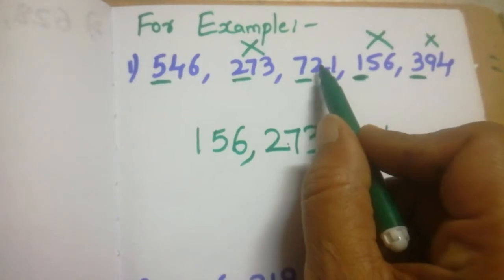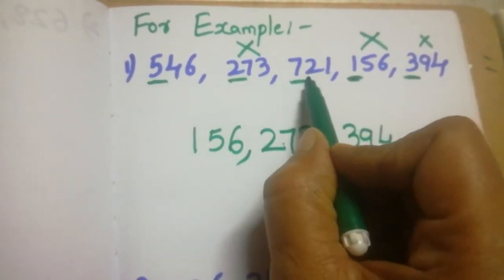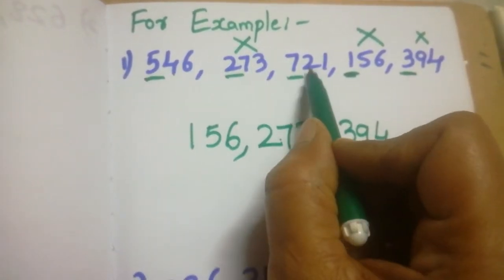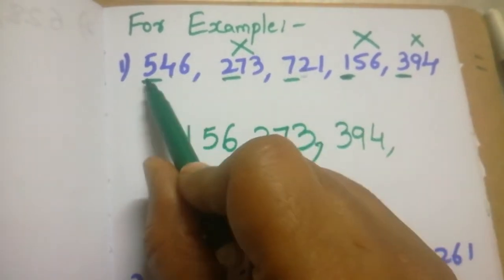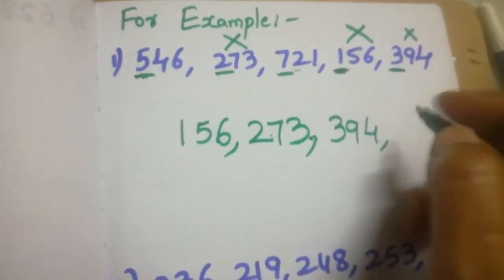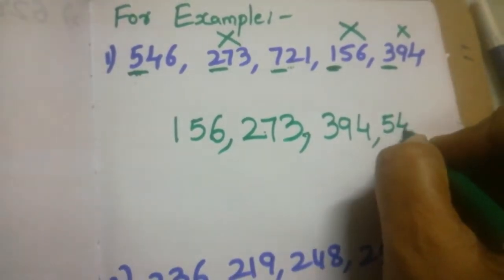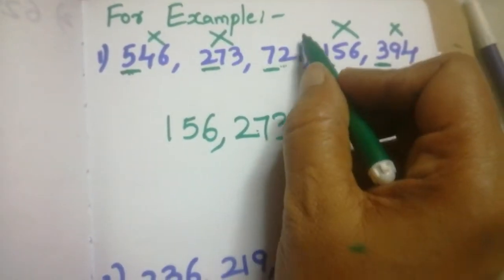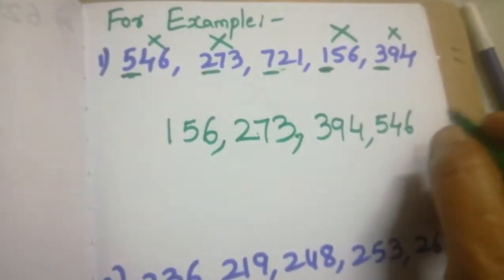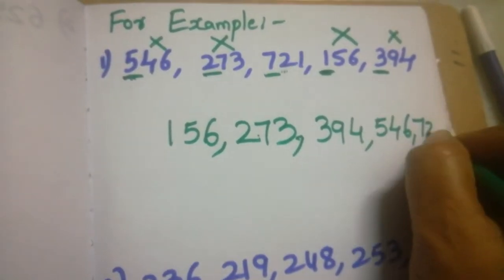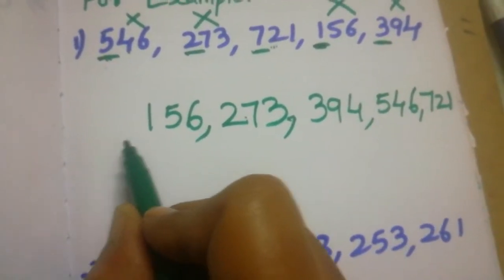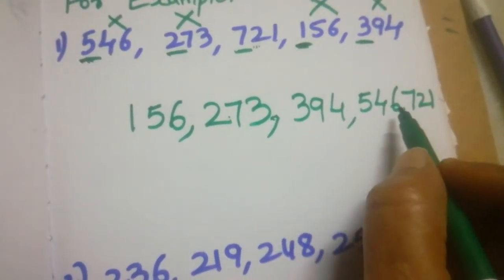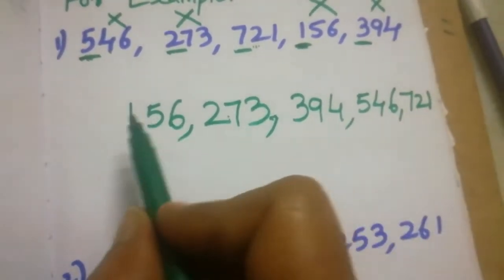Now we are left with the 2 numbers. If you compare these 2 numbers, in these 2, 5 is the smallest. So 546 is the smallest. So now we are left with only one number, that is 725. So in this way you have to arrange the numbers in the ascending order.